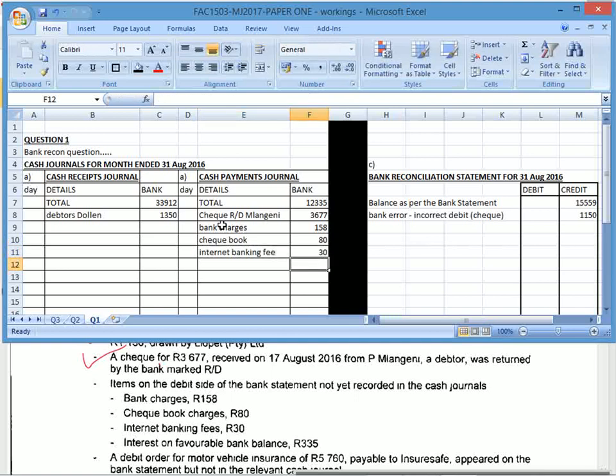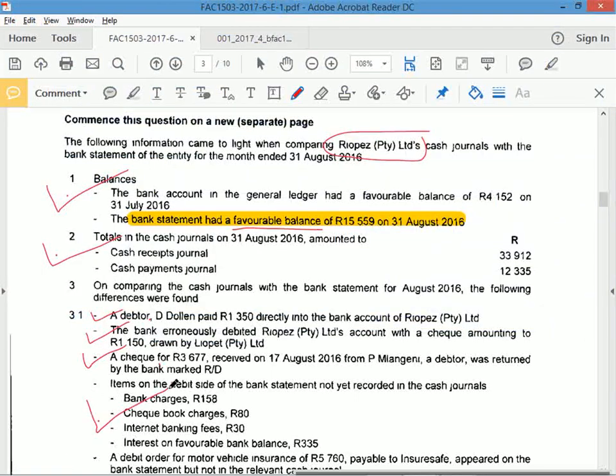And interest on a favorable bank balance, good or bad? Good. Receipt or payment? Receipt. Happy with that? Okay, so now we've recorded all of that. We've adjusted our books because our books needed to be fixed.